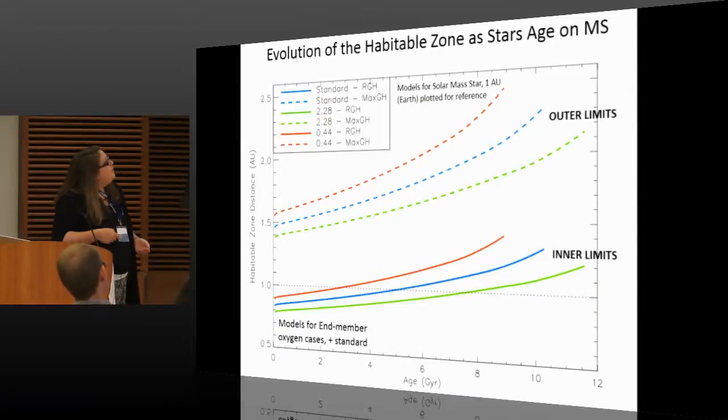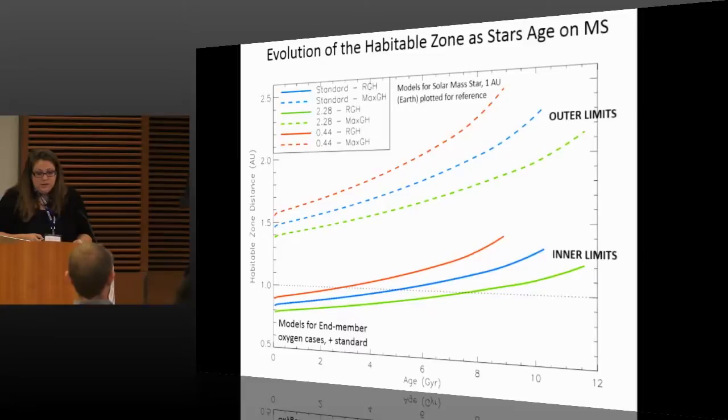So if I plot my results based on those limit equations, I get something like this. So this is, again, age in billion years and distance along this axis. And blue represents the sun, or solar composition. So we have inner limits and outer limits. 1 AU is plotted for reference, so Earth is about right there.